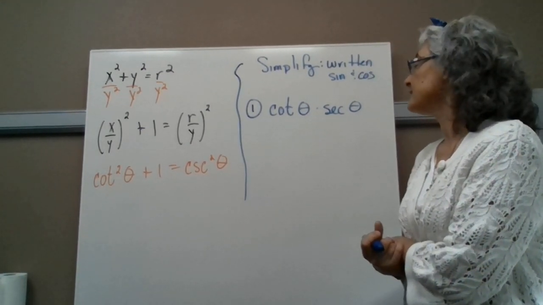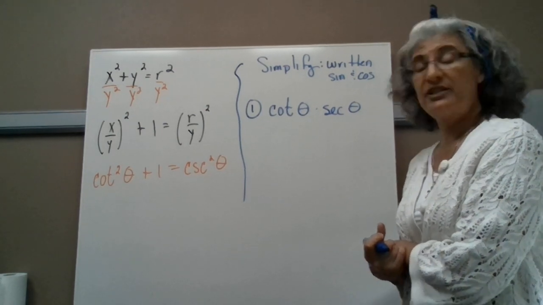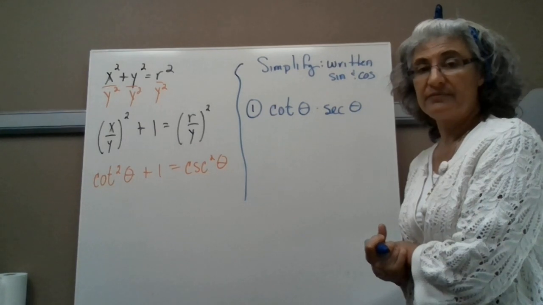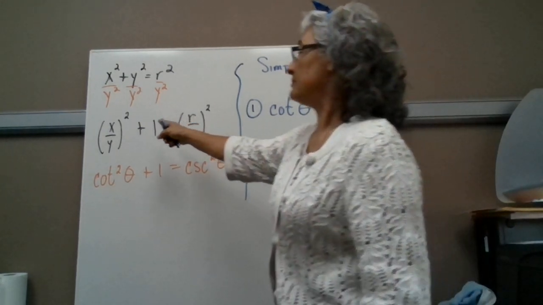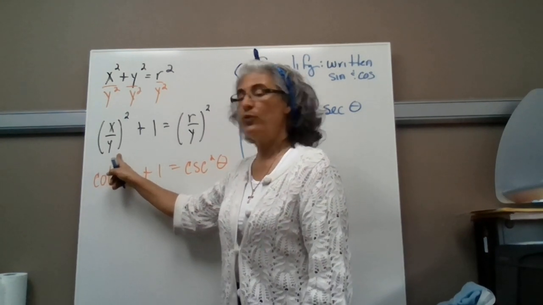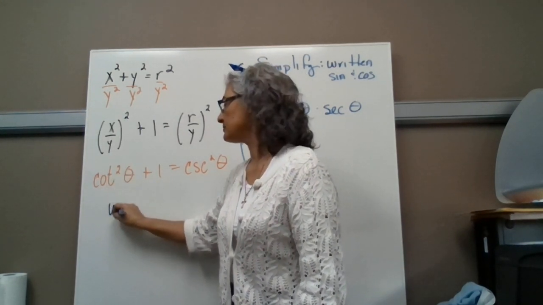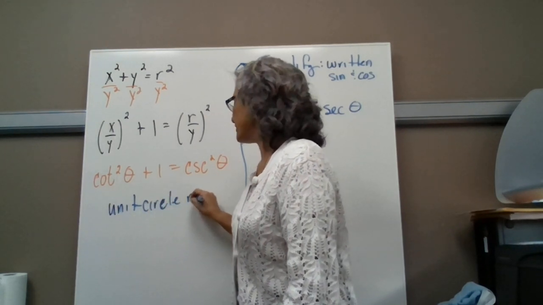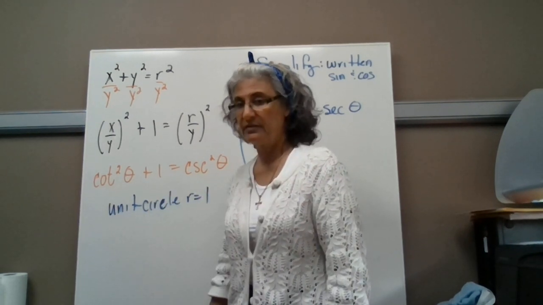So here's the thing. Cotangent of theta. Isn't cotangent x over y? Okay. And when I'm on the unit circle, r equals 1, doesn't it?